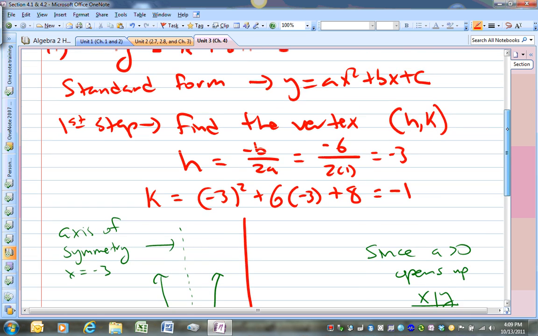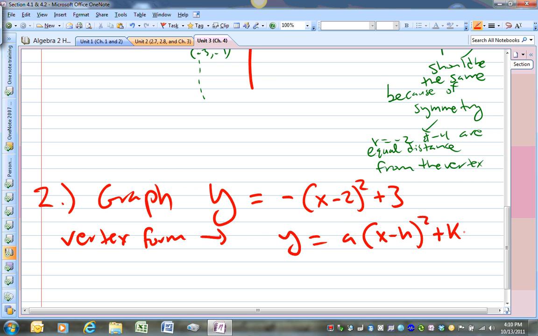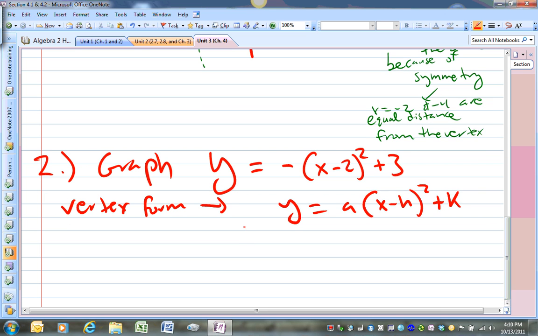Now this one is now called vertex form, which is very similar to the absolute value stuff we talked about a month ago. And I said we're going to talk a lot about h and k. So h comma k, again, represents the vertex. And it also represents the shift.